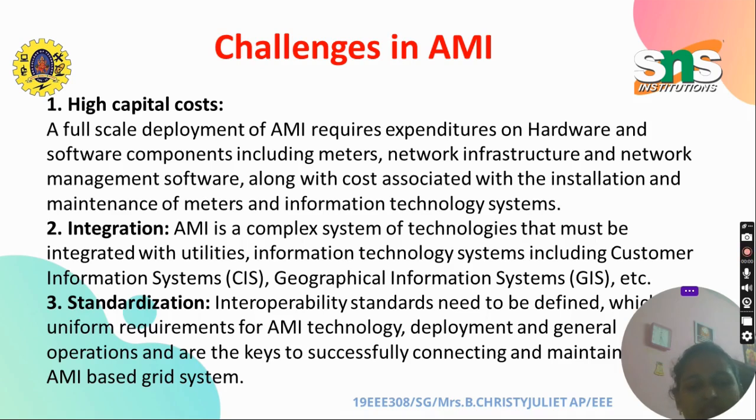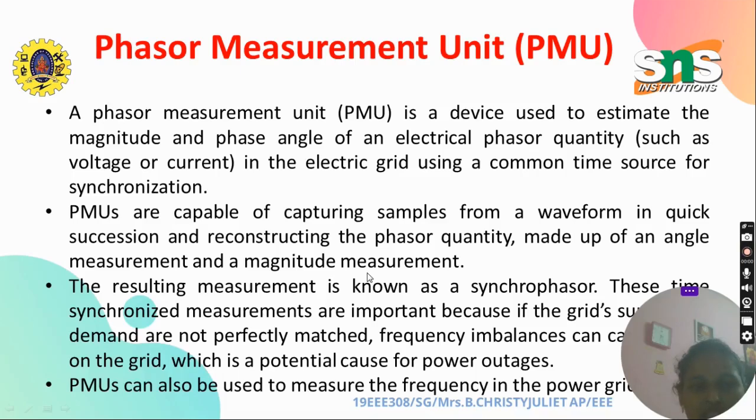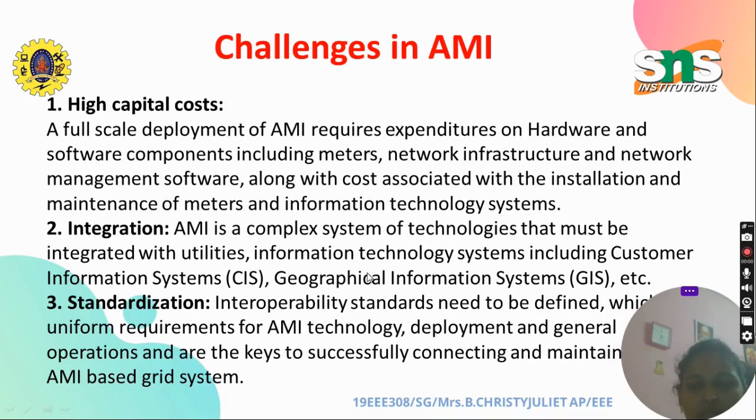The next challenge is standardization. Interoperability standards need to be defined, which requires uniform technologies to be implemented throughout the AMI infrastructure, its deployment and general operations. These are key to successfully connecting and maintaining AMI-based grid systems. Therefore, these challenges need to be addressed while building the automated meter reading infrastructure.